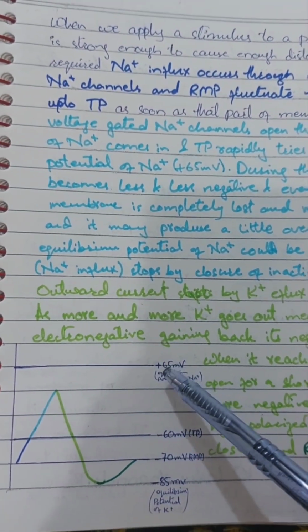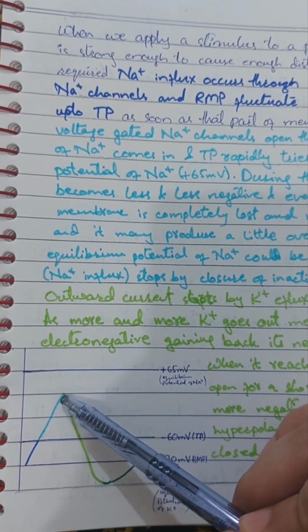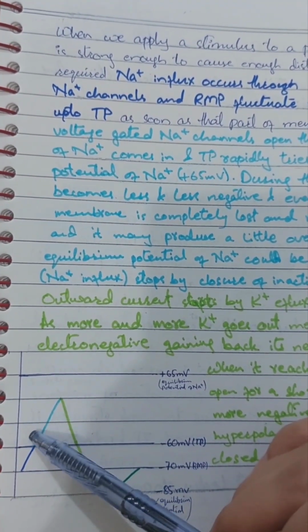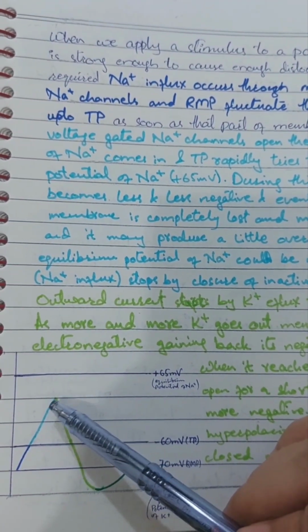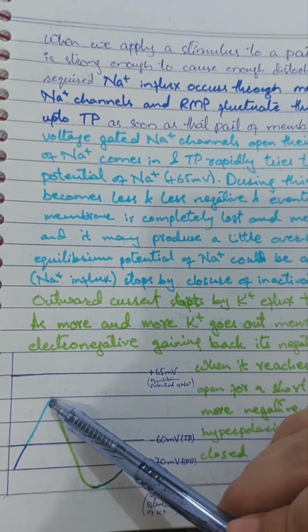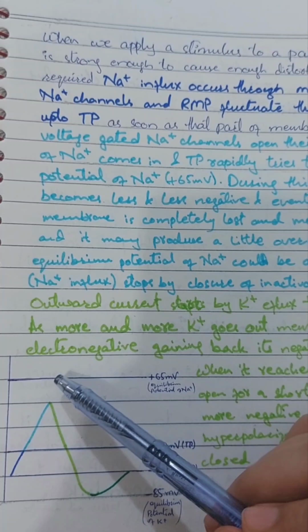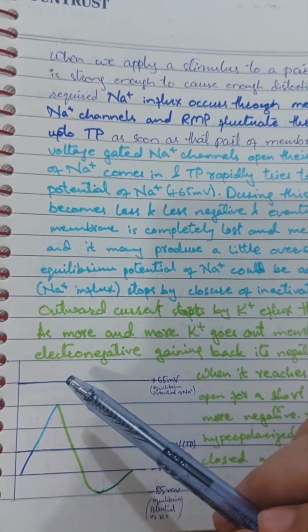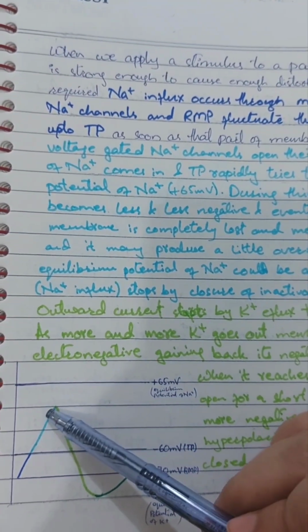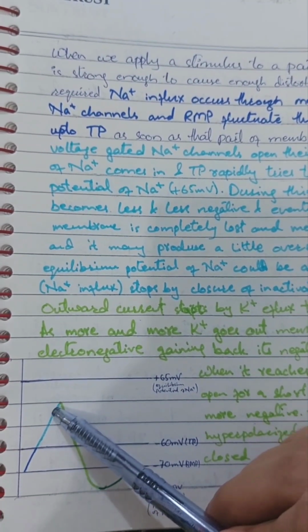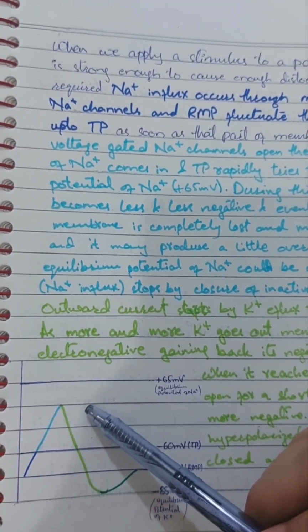During this process, the membrane becomes less and less negative, and eventually the negative polarity of the membrane is completely lost and the membrane becomes depolarized. It may produce a little overshoot, but before the equilibrium potential of sodium could be achieved, the inward current, the sodium influx, stops by the closure of the inactivation gate of the voltage gated sodium channels.